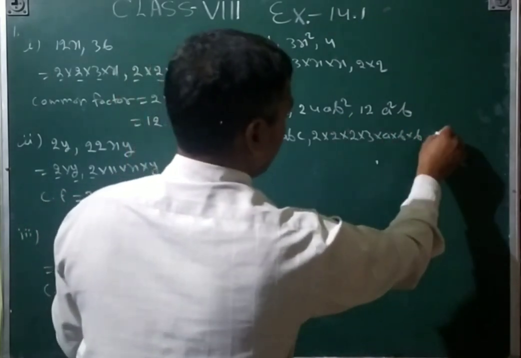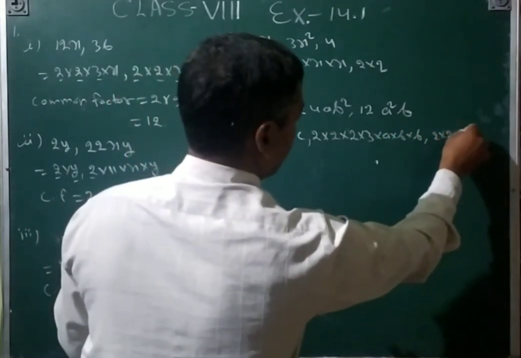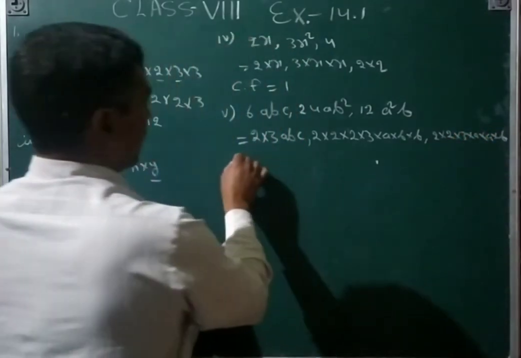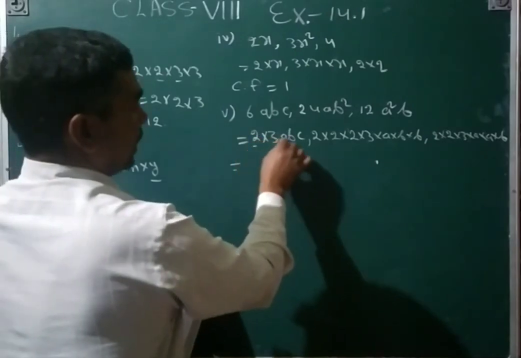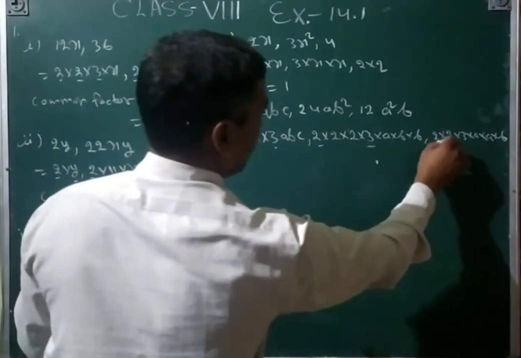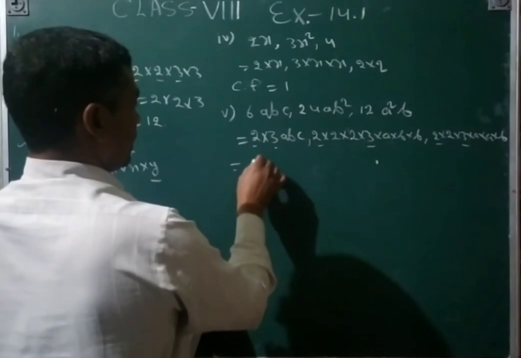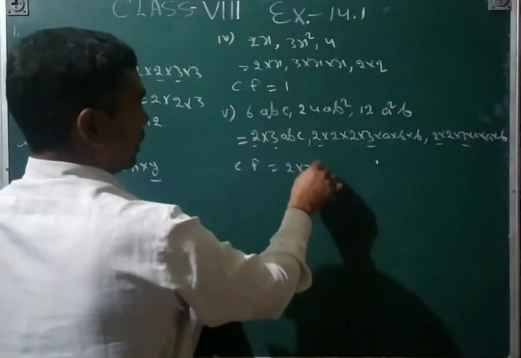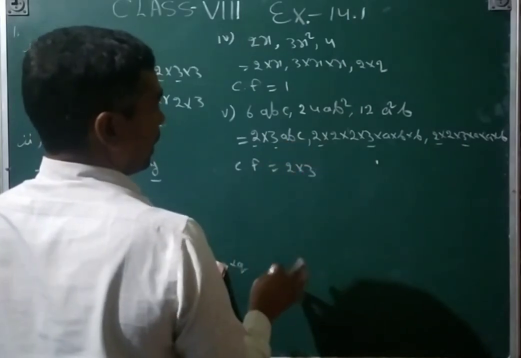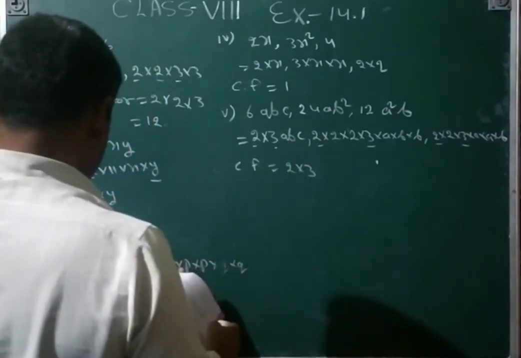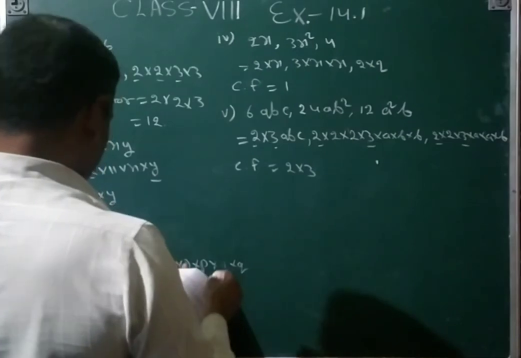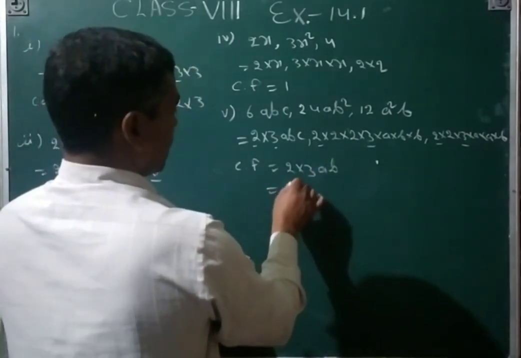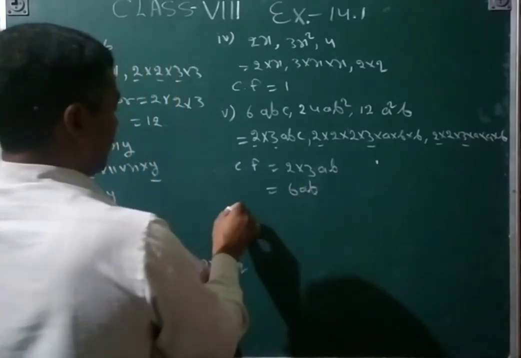Now you are looking, 2 and 3 are everywhere. So the common factor is 2 into 3, and ab is also everywhere. So we will write 2 3 is 6, ab.